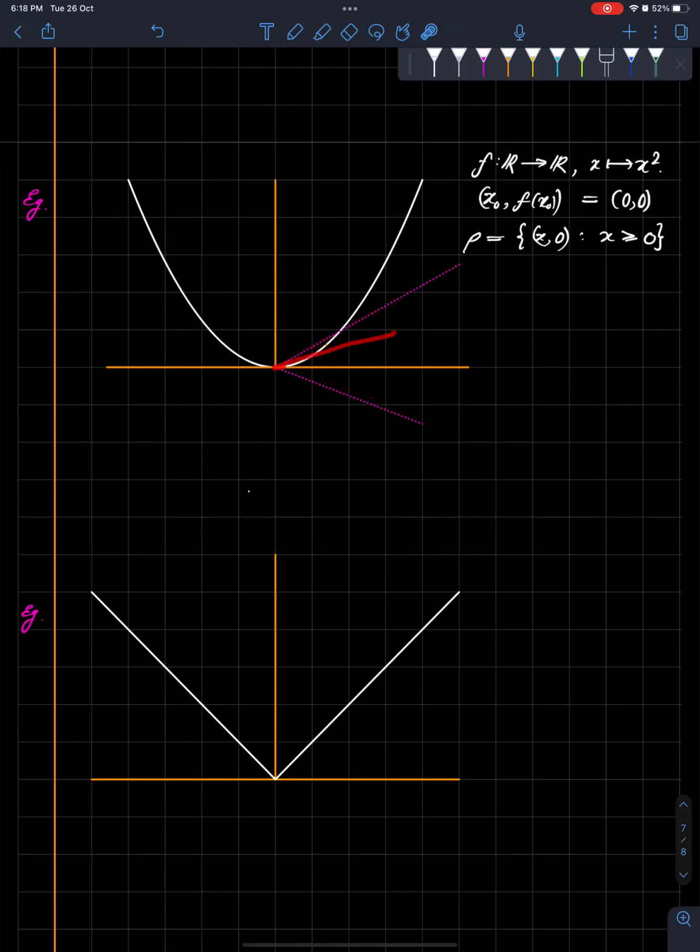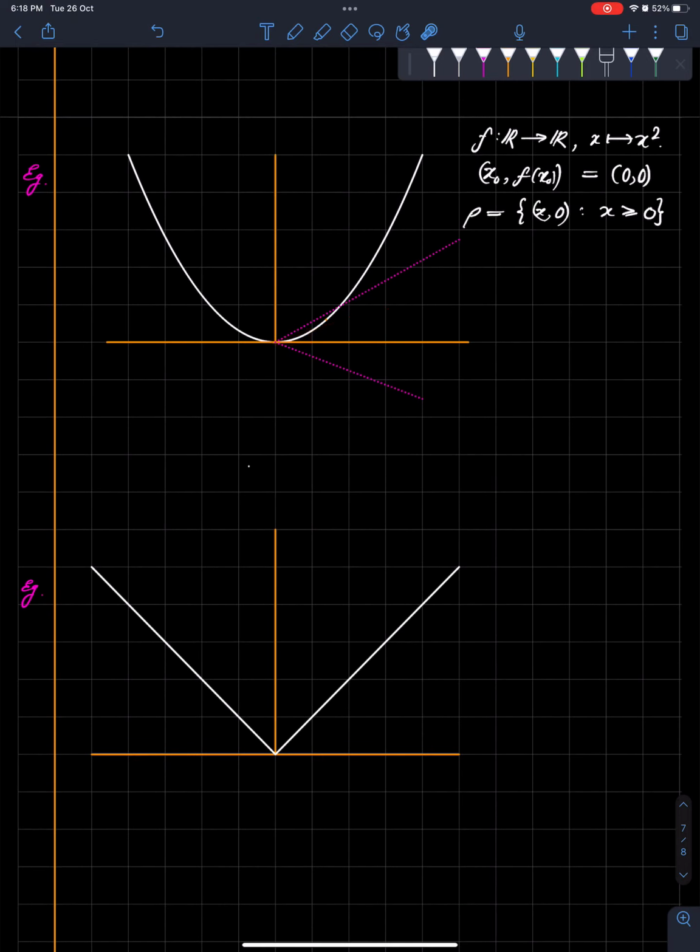If you choose a smaller cone, then you have a smaller epsilon, smaller delta. So C epsilon rho is all the points (x, theta x) where this is less than epsilon. Because m equals 0, right? m equals 0 and y0 is also equal to 0 if you correlate with the notations we had earlier.